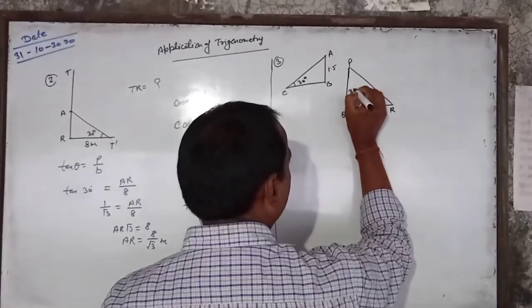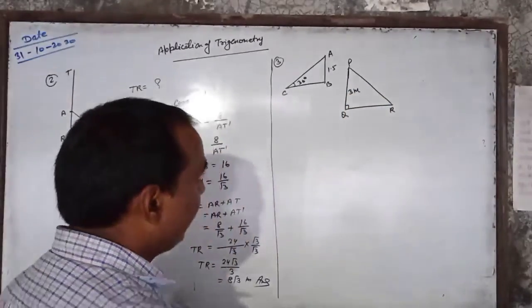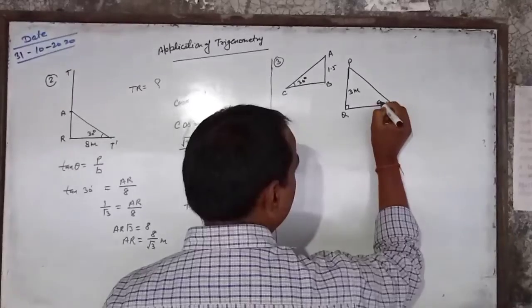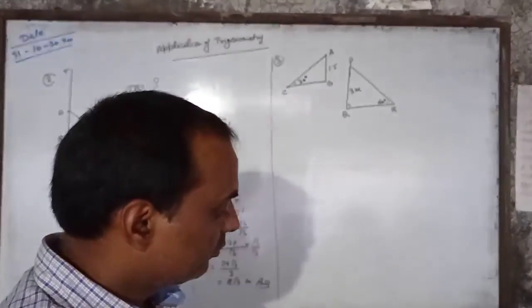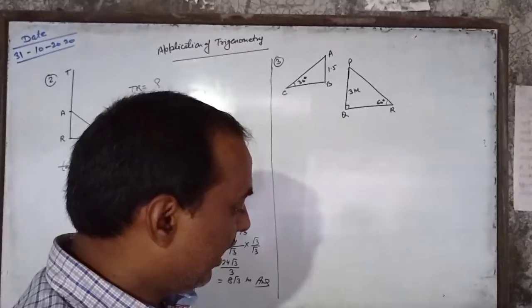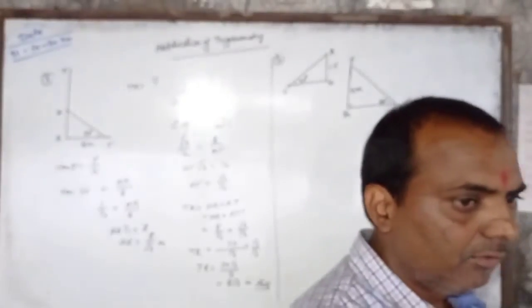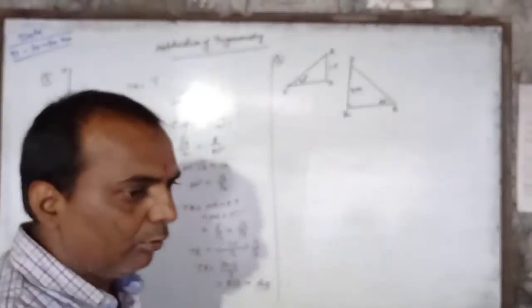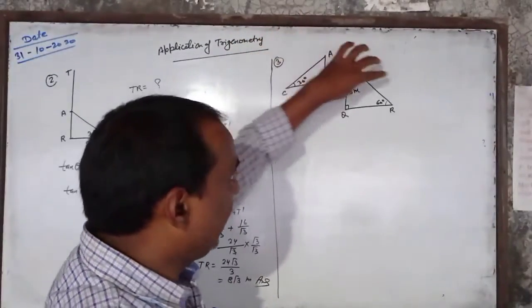It is at a height of 3 meter, which is inclined 60 degree to the ground. Now what should be the length of the slide in each case? It means according to the question we have to find separately AC and PR.